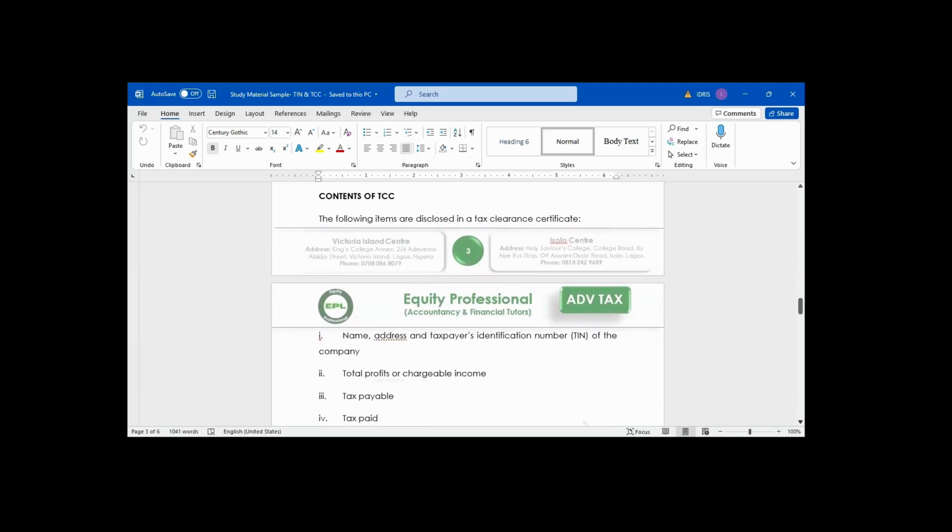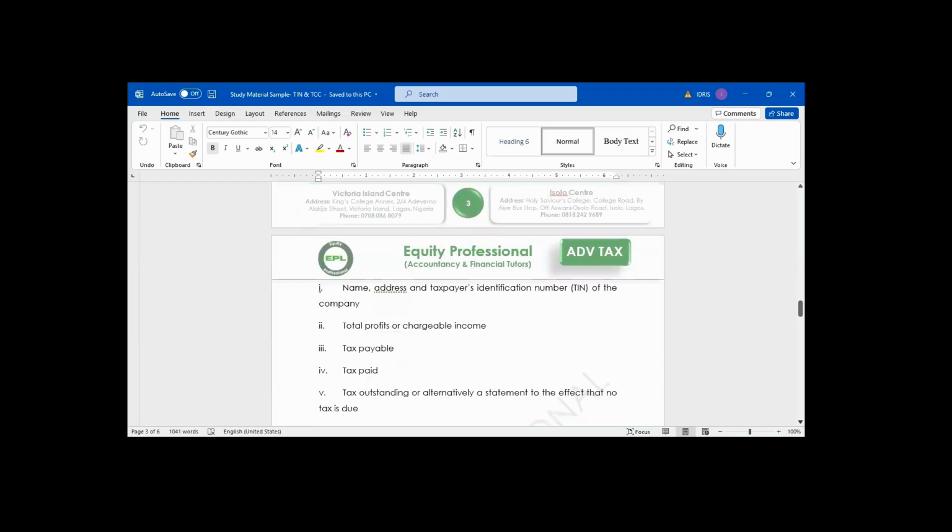Number one, the name, address, and tax identification number of the company. Total profit or chargeable income is also included.